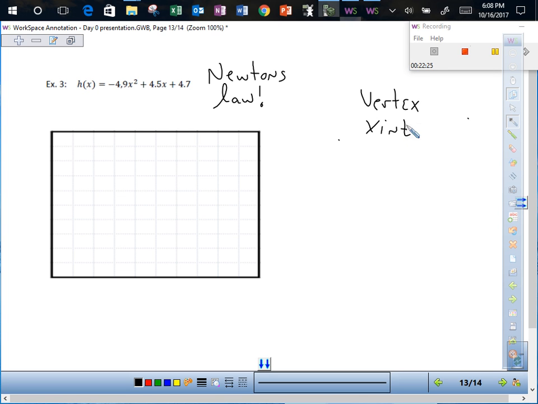Two ways to get the vertex. You could go the opposite of b over 2 times negative 4.9. There we go. Wasn't right in there for a second. 2 times negative 4.9. And if you run that through your calculator, you're going to get about 0.46.